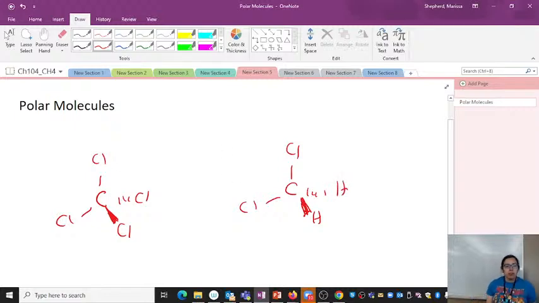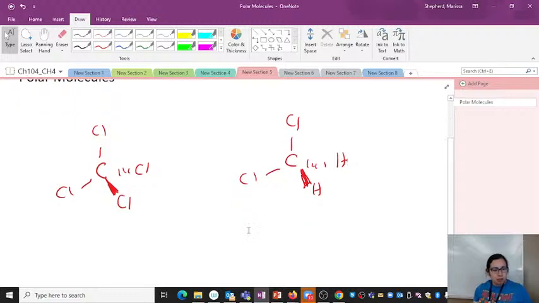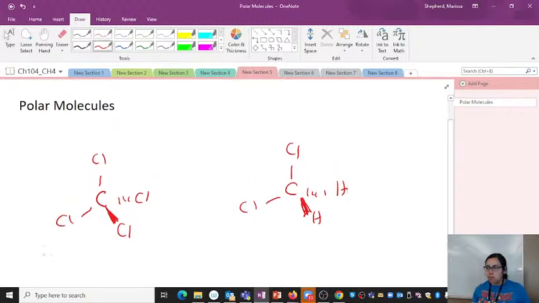If you're trying to see if something is polar or not, you're basically asking: do I have a break in symmetry? And does that break in symmetry mean that one side has more electron density than the other?